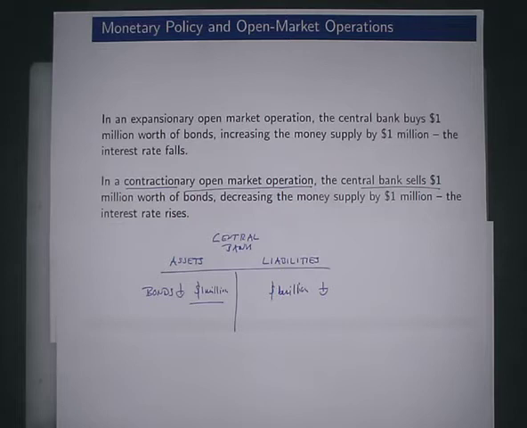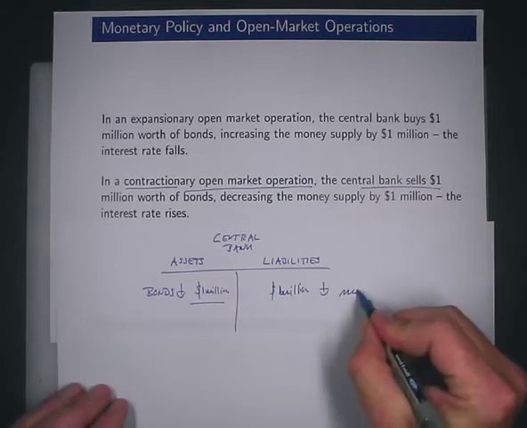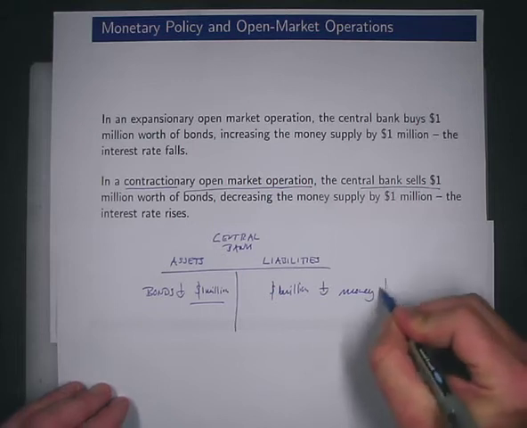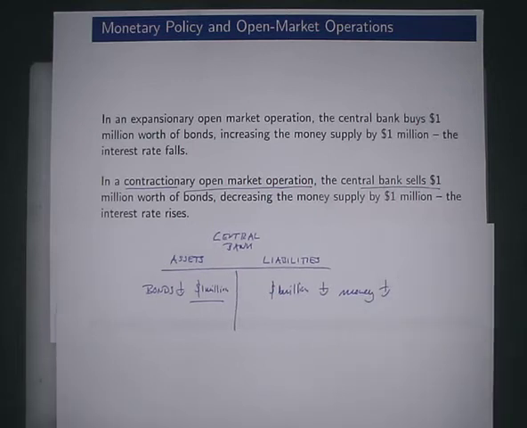So if the central bank is selling bonds, the bonds go out of the central bank account and money comes in. So the money in circulation goes down. Okay? So the currency, the money, goes down.